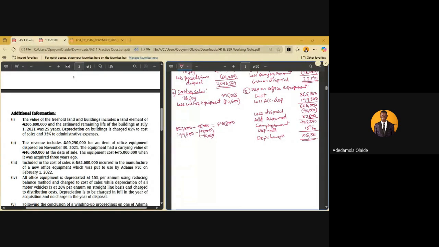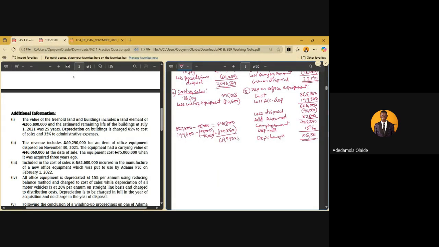If we deduct that from the accumulated depreciation of the entire asset, it means it will remain 170,860. With this, we'll get the carrying amount of the old assets to be 619,940.